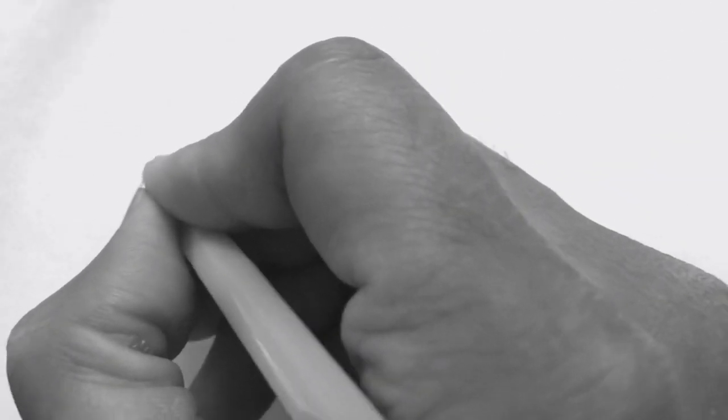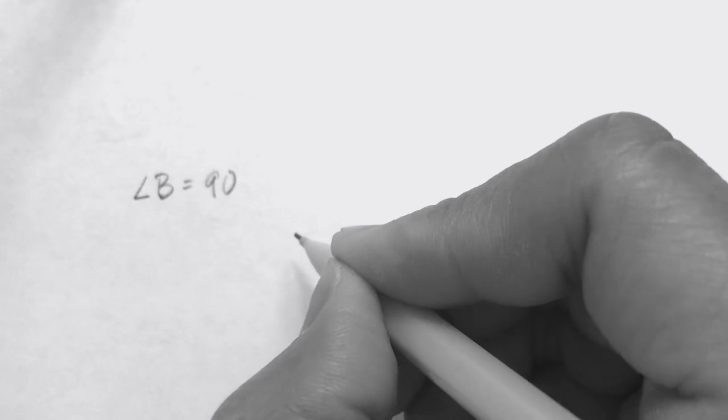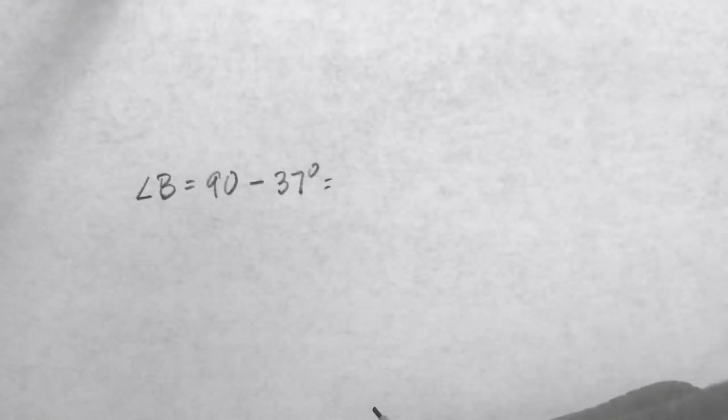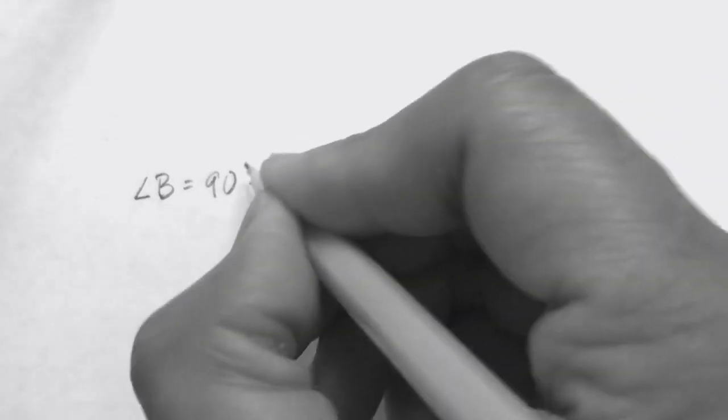So if we had two angles, A and B, that are complementary, and A is 37 degrees, find the measure of B. Since A is 37 degrees and they are complementary, we know that angle B is going to be equal to 90 minus angle A, which is 37 degrees, which means B has to be equal to 53 degrees.